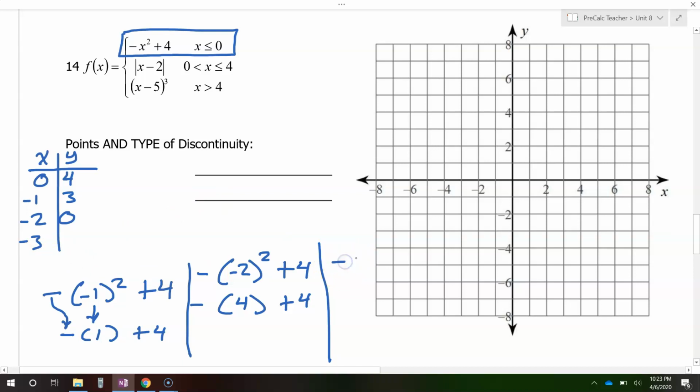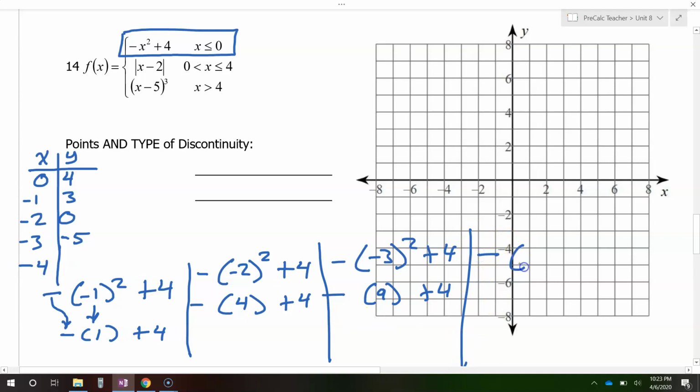So we have -3 squared plus 4. So that's going to be -9 plus 4. So that is going to be -5, because -9 plus 4 is -5. I feel like we have more room, so I want to see what happens at -4 actually.